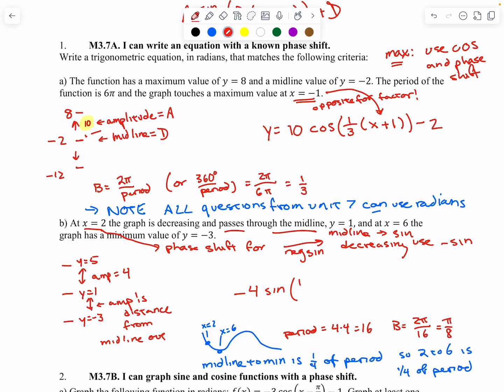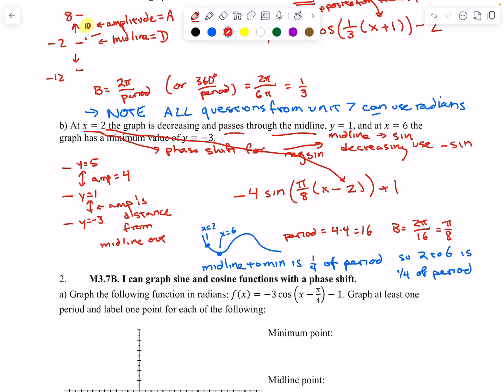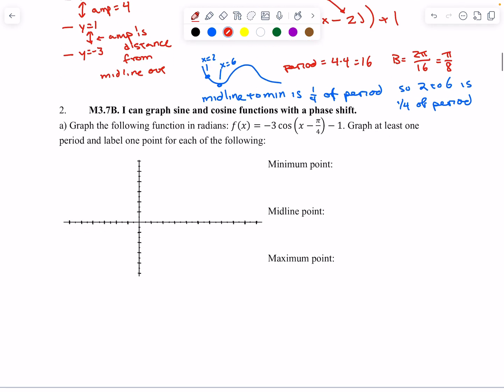Remember, we have the phase shift at x equals 2, and the midline is at 1. Next. Okay. This is going to be right pi over 4. So since it's cosine and it's negative, it's minimum.